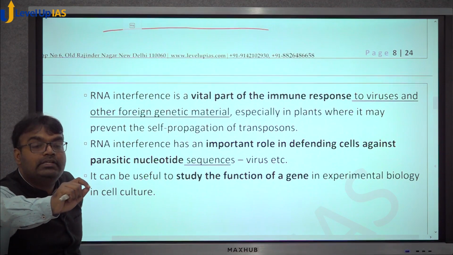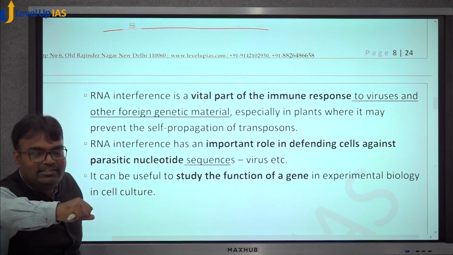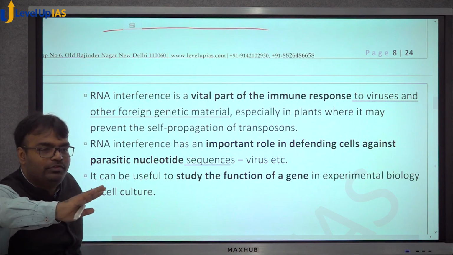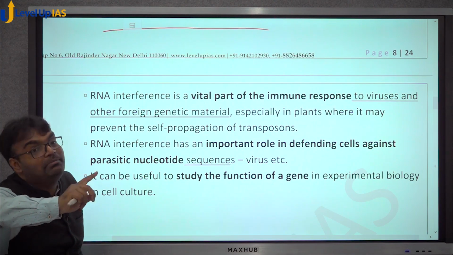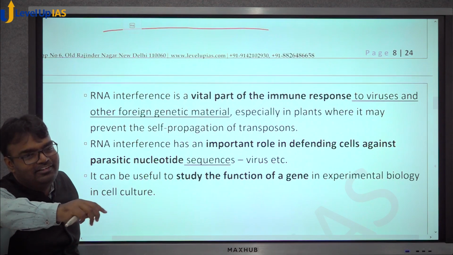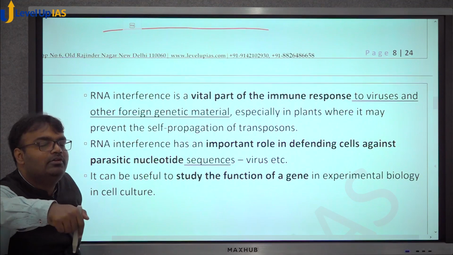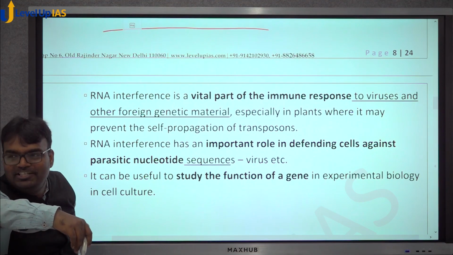That virus takes help of a certain protein on your cell to penetrate, right? I don't know whether this is being done or not, but if we interfere with the mRNA of that protein, can we prevent the virus from affecting you? Theoretically it's possible, practically it has not been done. That's why we do not have a foolproof solution yet.